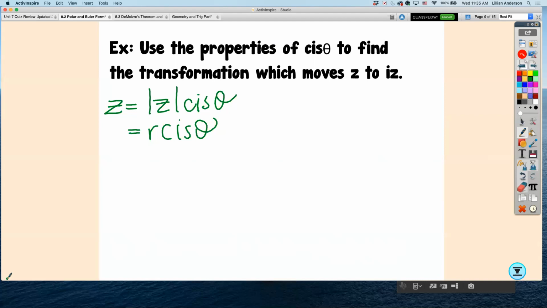Well, i is what? i is not equal to b, no. Yes, it is the square root of -1. It's an imaginary number, right?